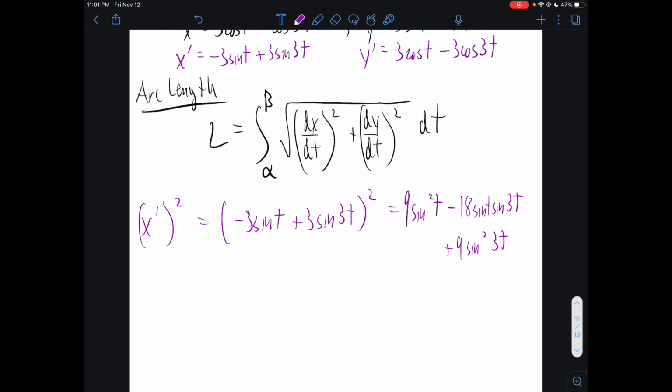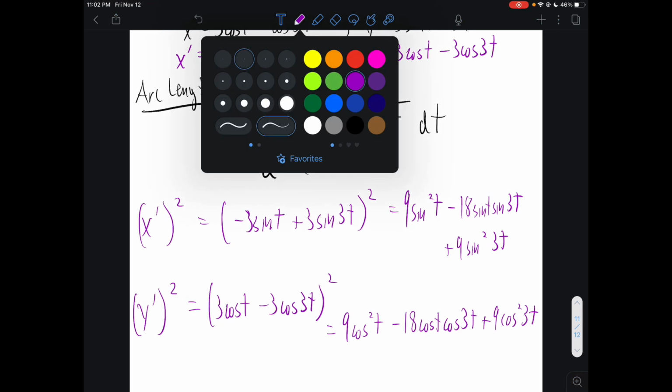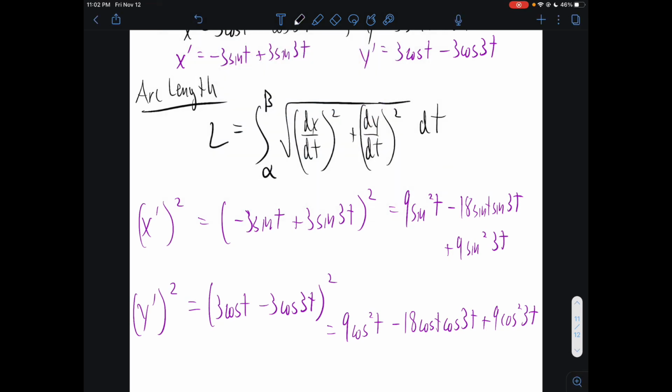And in a similar way, when we take y prime and square it, we get the quantity 3 cosine t minus 3 cosine 3t squared, and that's going to give us 9 cosine squared t minus 18 cosine t cosine 3t plus 9 cosine squared 3t. And we're going to add these because it's underneath the square root, the square of x prime plus the square of y prime.